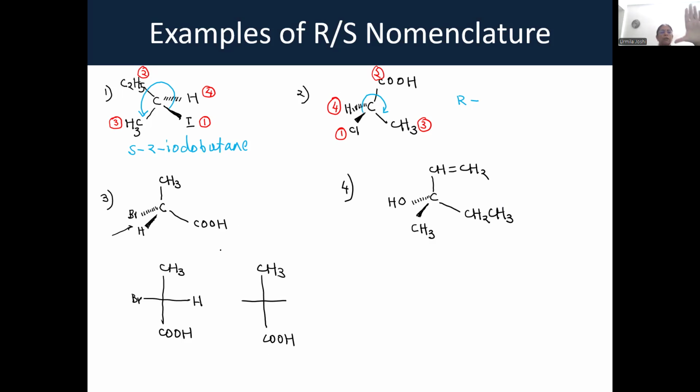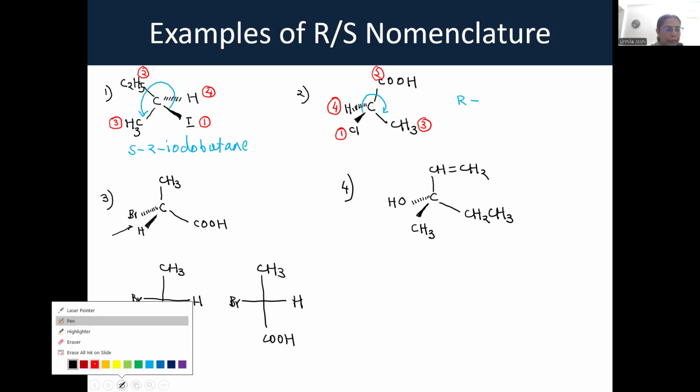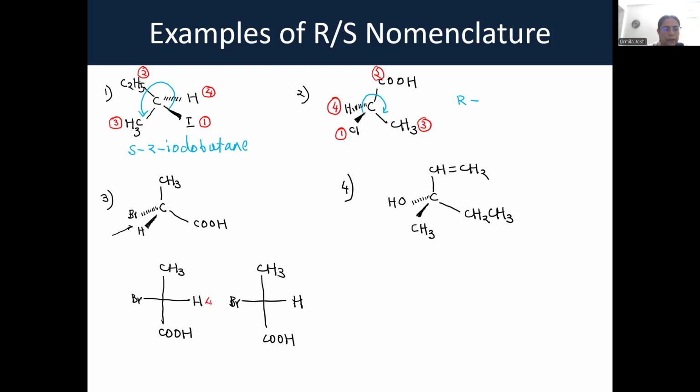Now when your thumb is pointing towards right, the thick line substituent should point towards your right, towards the thumb. So it is both ways, it is same. Now, try to assign. This is 4. This is 1. This is 2. Why? Bromine has higher atomic number than carbon. Here, both carbons attached, so second atom attached should be seen.